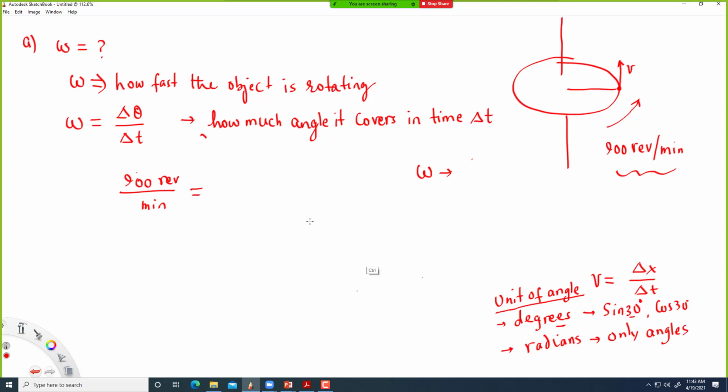Like here, you don't have any function, there is only angle, so you cannot use degrees. You need to express this in terms of radians, and time is expressed in seconds. So the unit of omega, or angular velocity, is radian per second.